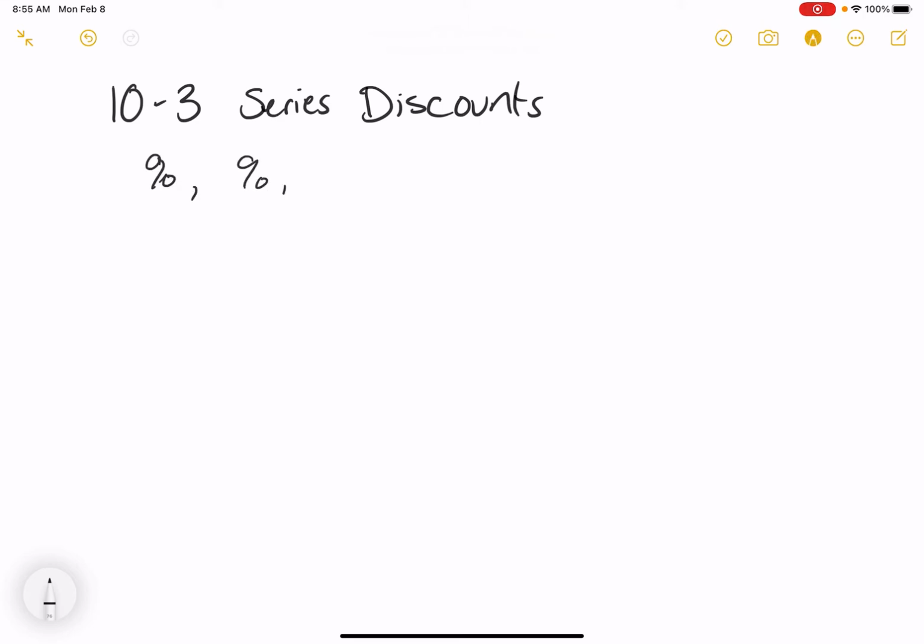So let me write this down. Okay, so it will be listed as percent, comma, percent, comma, percent, and each percent reduces list price.